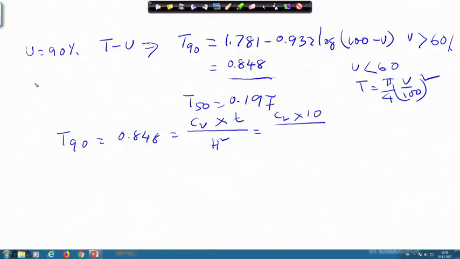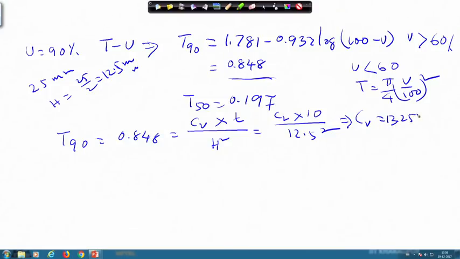Since the laboratory sample is 25 millimeter and drained both sides, H becomes 25 by 2 equal to 12.5 millimeter. So, it is 12.5 millimeter square. So, this gives you C V equal to 13.25 millimeter square per minute.